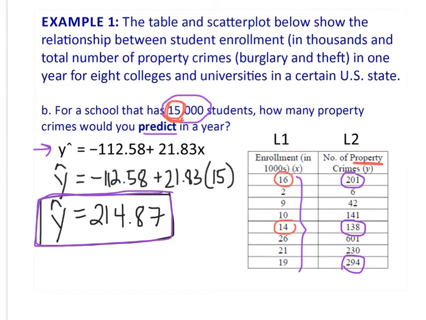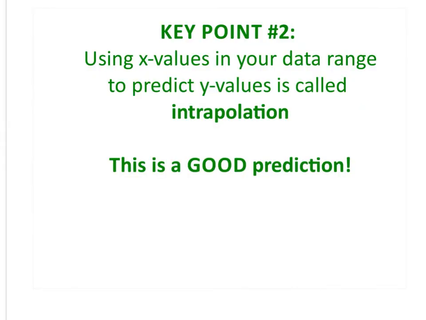This number fits in nicely with this data set. It looks like it could be in this table. It's not too weird, so I can feel pretty confident that I got the right answer. So this is part B, and that brings us to the second key point. Using X values in your data range to predict Y values is called interpolation.